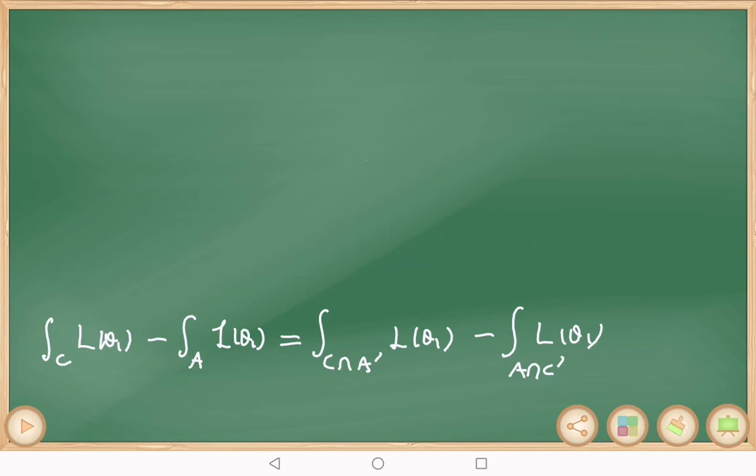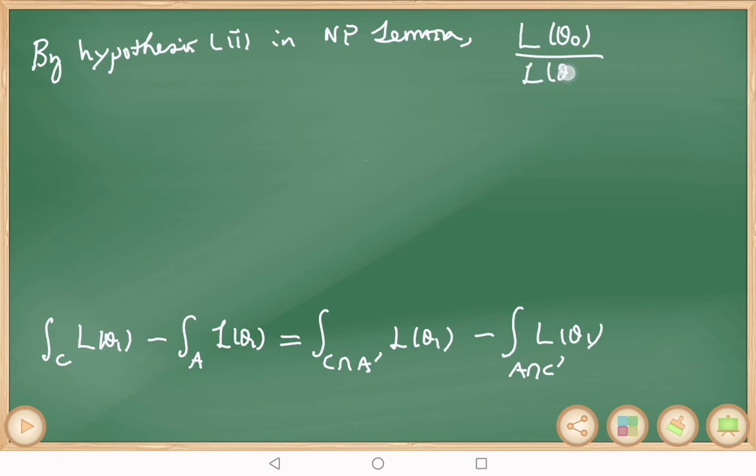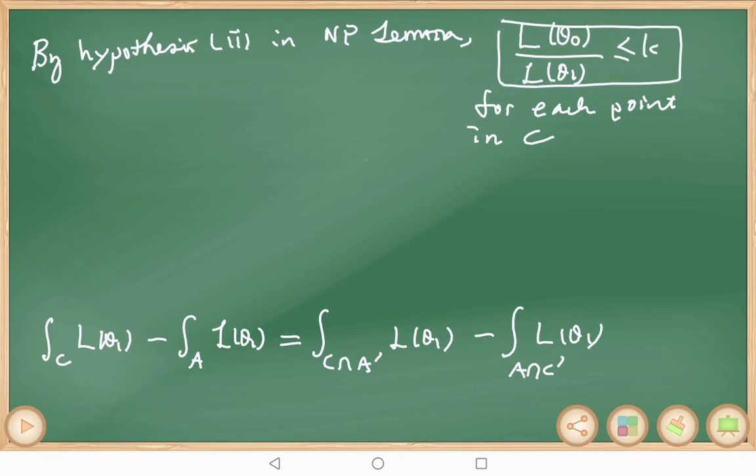Now, if you recall hypothesis number 2 in the Neyman-Pearson Lemma, we have the ratio L has to be bounded by K for each point in C. Here this inequality implies that the likelihood function under the alternative is greater than or equal to 1 over K times the likelihood function under the null hypothesis.